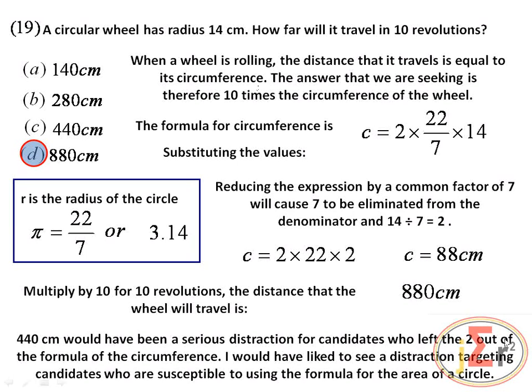So some candidates might leave off the 2 here, and their result will be, of course, this, and the answer is there for such an occurrence. But I would have liked to see a distraction that is targeting those candidates who are tempted to use the formula for the area of the circle instead.